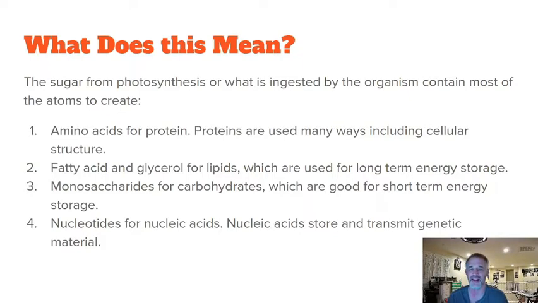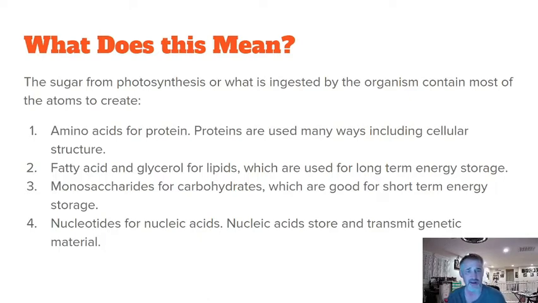And then the body breaks it down and it gives them a steady release of energy over their event. So when the event comes along, the body's constantly breaking up the carbohydrates and getting them a supply of energy.